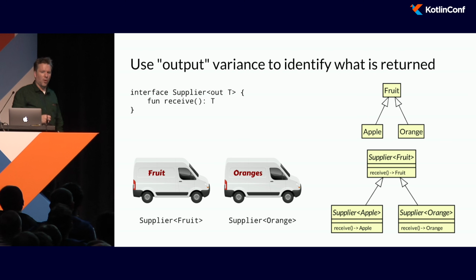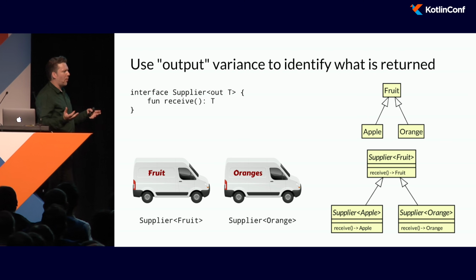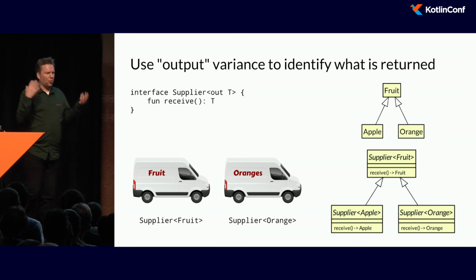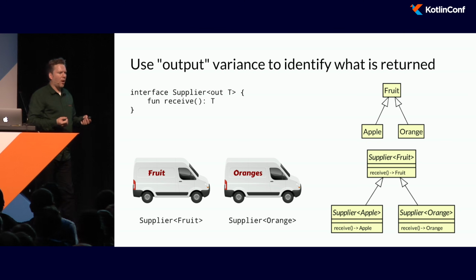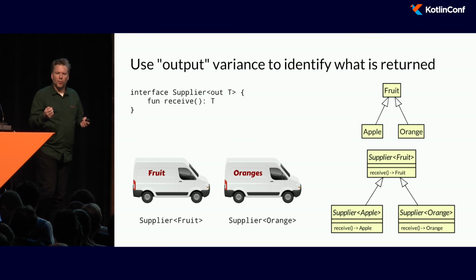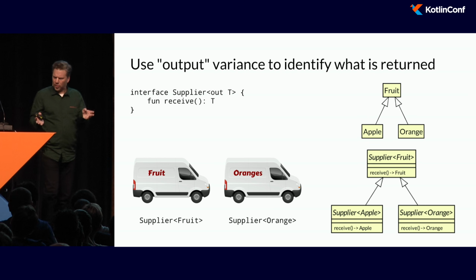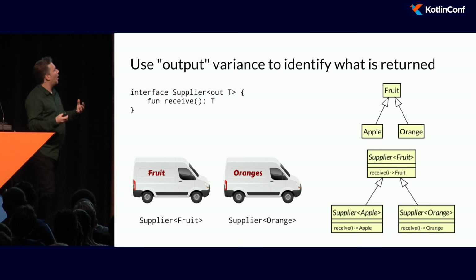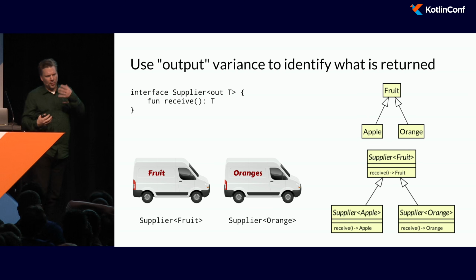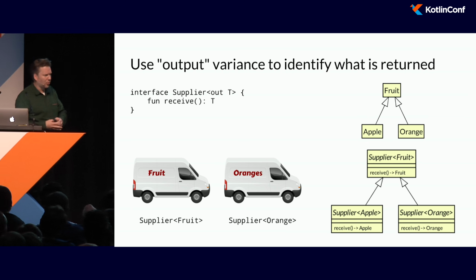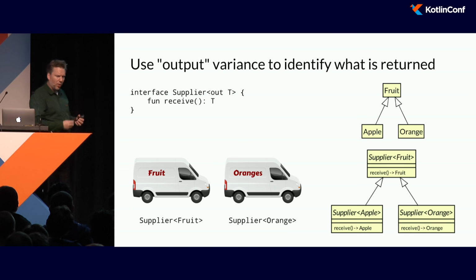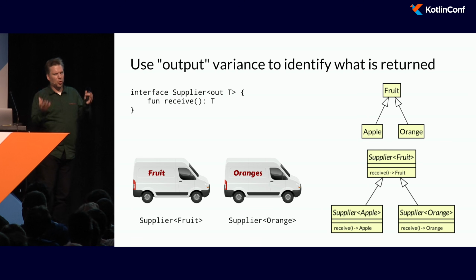So if I've got a juice bar, and I can juice all sorts of kinds of fruit, I can receive fruit from a supplier of apples just as well as I can receive fruit from a supplier of all different kinds of fruit. Subtype, because apple is a kind of fruit, I can process individual apples, therefore I can plug a supplier of apples into my juice bar of fruit.